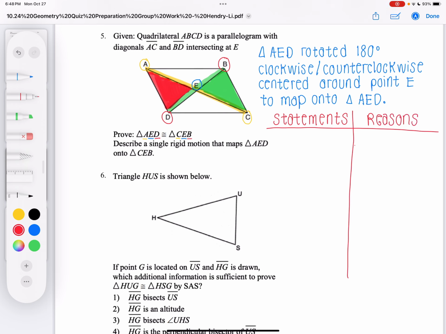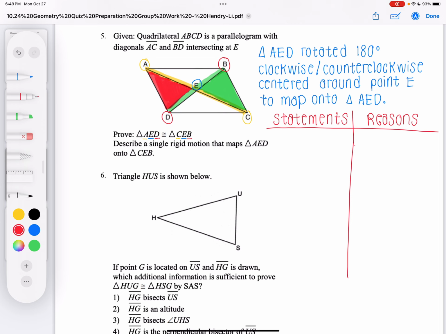We want to first look at the diagram and see if anything is marked. If anything is marked with, let's say, line segments with tick marks or angle measures with arcs, then those are given to us. But we don't currently see any. So we're going to look at the statement itself. There's a given statement.